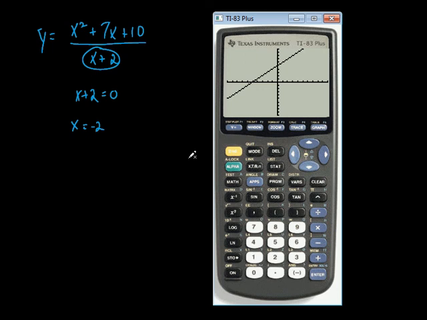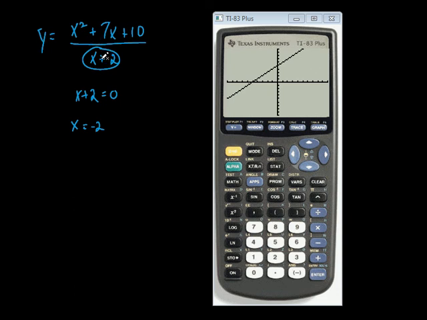So if you look, they give you choices here. It looks like D and E, D is -3, and E is -2. So if you put a -2 in for this, let's see. Okay, so what we're going to do is take that -2 and put it in here and see what we get for y.